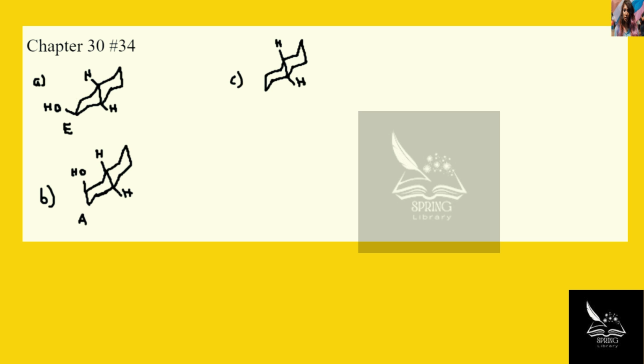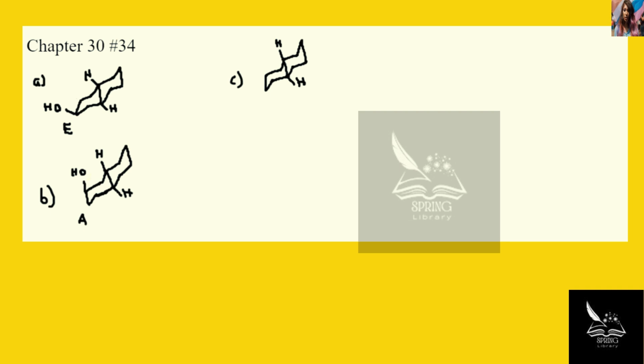Okay. And so now for C, our alcohol is where it was in A at the same position, but this time it's dashed. So it was in the same position in A and it was wedged and it was equatorial.